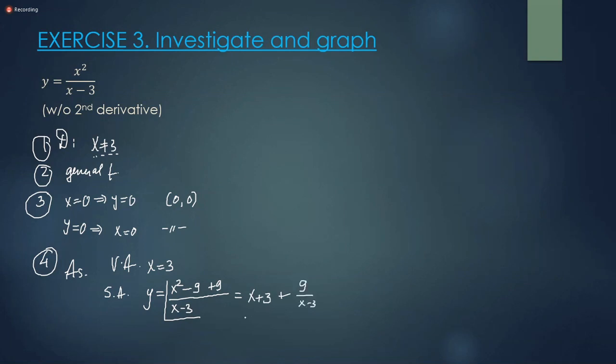From this, I conclude that if x tends to infinity, then 9 over x minus 3 tends to 0, which means the slant asymptote is y equals x plus 3.